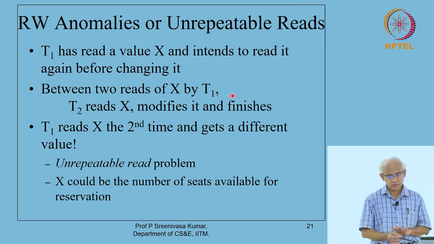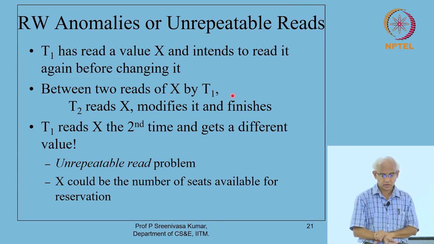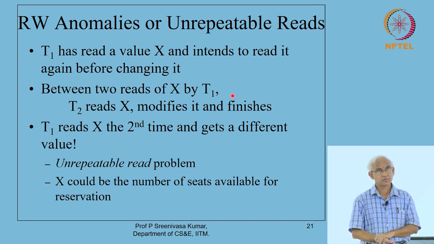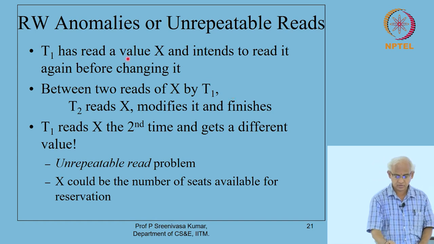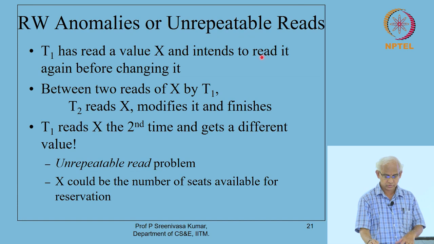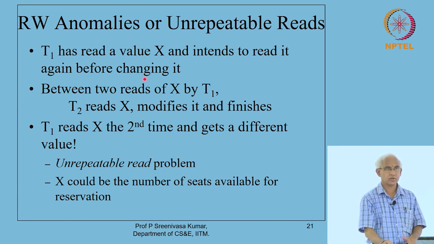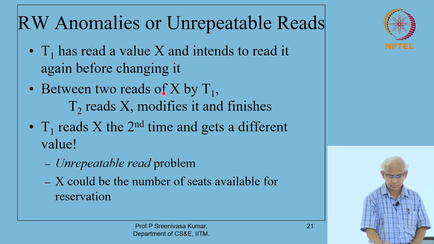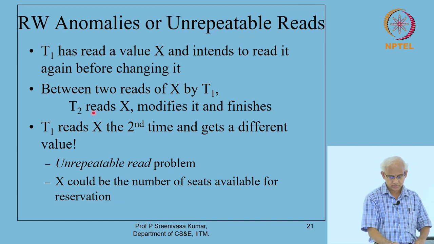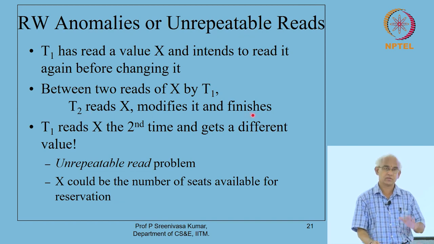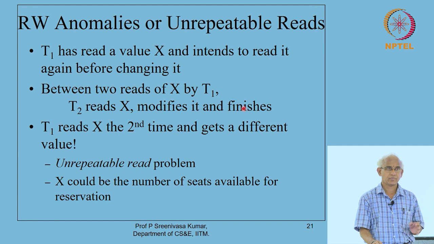Here is the other kind, the unrepeatable reads. We call them unrepeatable reads. This is a read-write anomaly. T1 has read a value X and intends to read it again before changing it. Between these two reads of X by T1, some other transaction T2 reads X, modifies it and finishes, quits.